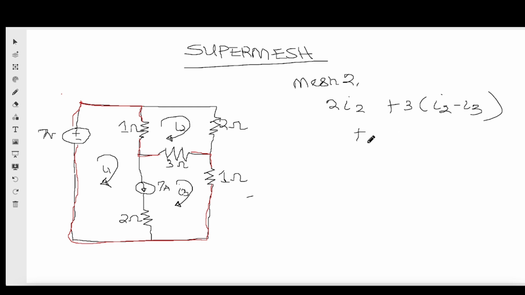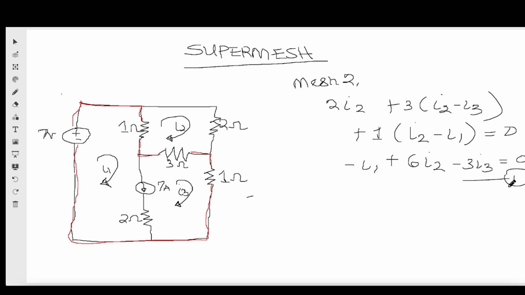So plus 1, we also have 1 here, 1 into bracket i2 minus i1 equals 0. If I rewrite this, I will have minus i1 plus 6i2 minus 3i3 equals 0. That's equation 1. Always remember, we have 3 meshes, and therefore we are looking towards 3 equations.